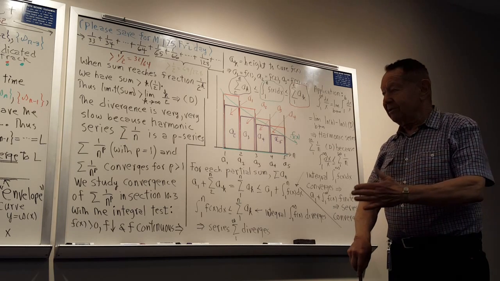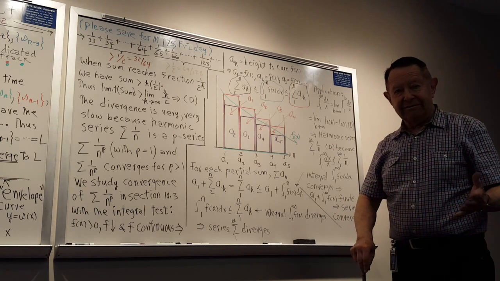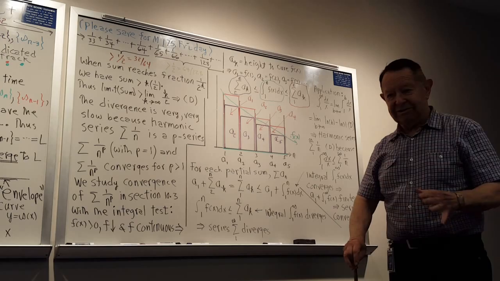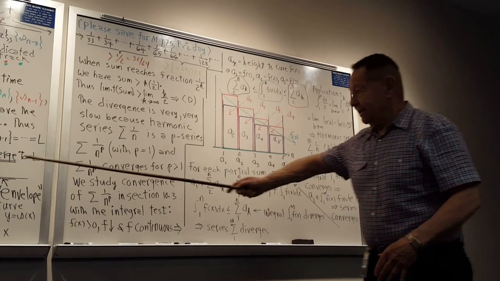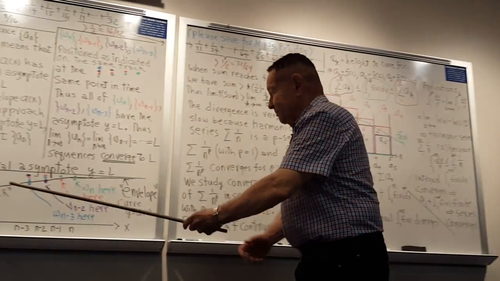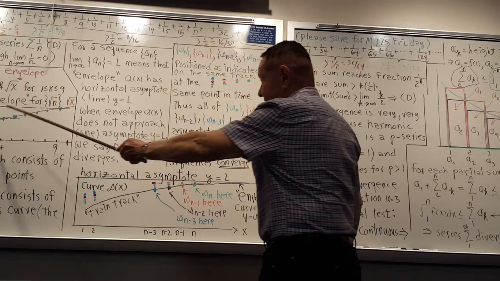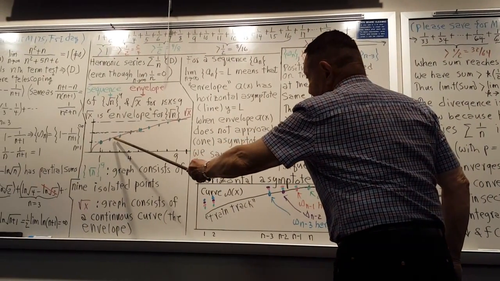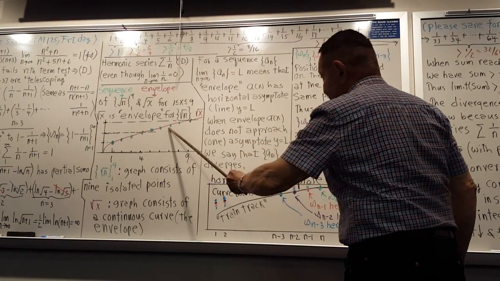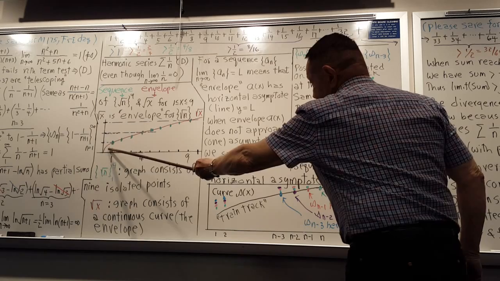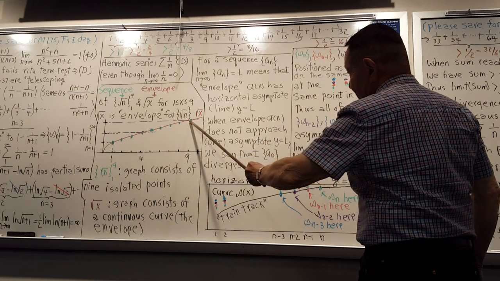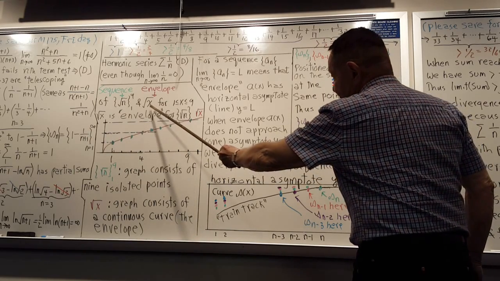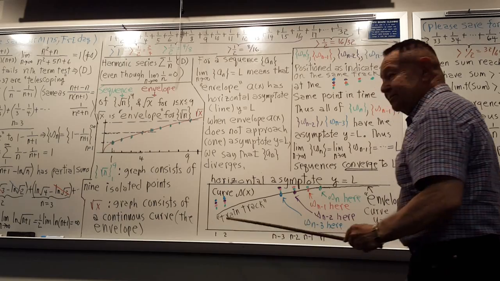remember that when we're talking about convergence and divergence of a sequence, as yesterday and as we reviewed today, the sequence is like the cars on the train track, and the train track is your curve with a continuous variable x.